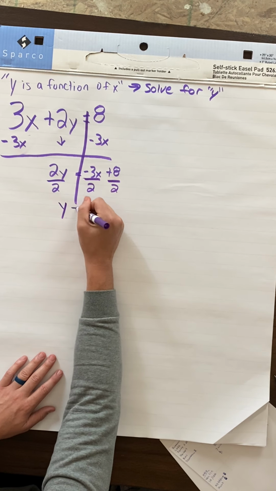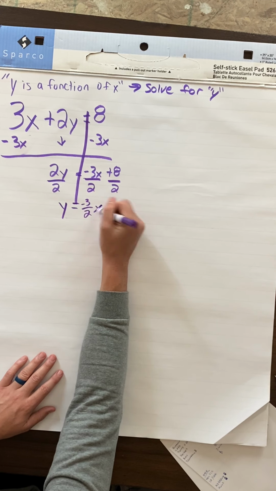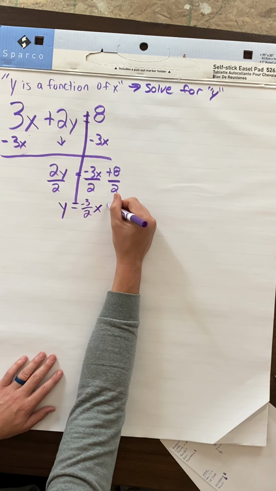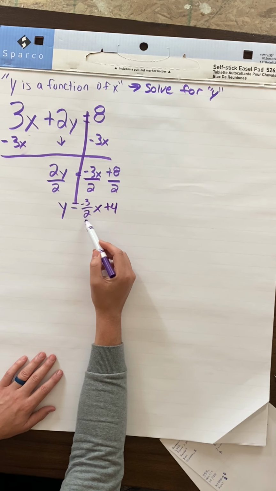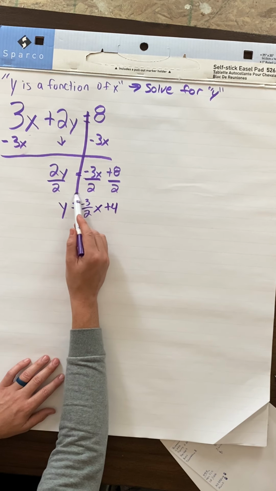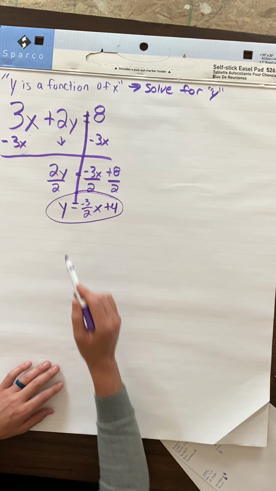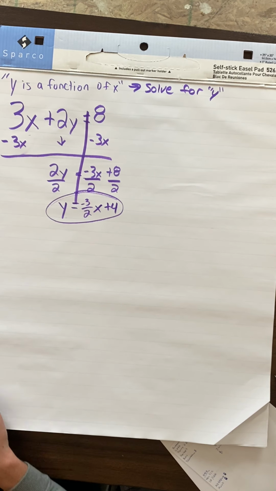So we get y equals this fraction, negative 3 over 2x. 8 over 2 is going to simplify to 4. We leave this as an improper fraction. We don't change it to a mixed number. There's your answer. We wrote y as a function of x. We got y alone. That was the key.